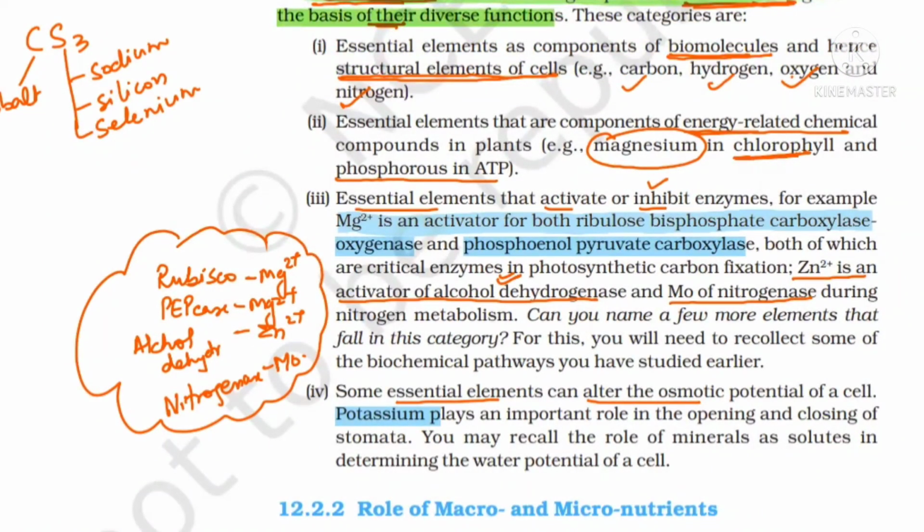Is it clear? They are a component of biomolecule, they are a component of energy related compounds, they are activators or inhibitors of enzymes, and they can alter the osmotic potential of cell. So I hope in this video this much topic is clear. In the next video, we are going to study role of macro and micronutrients.